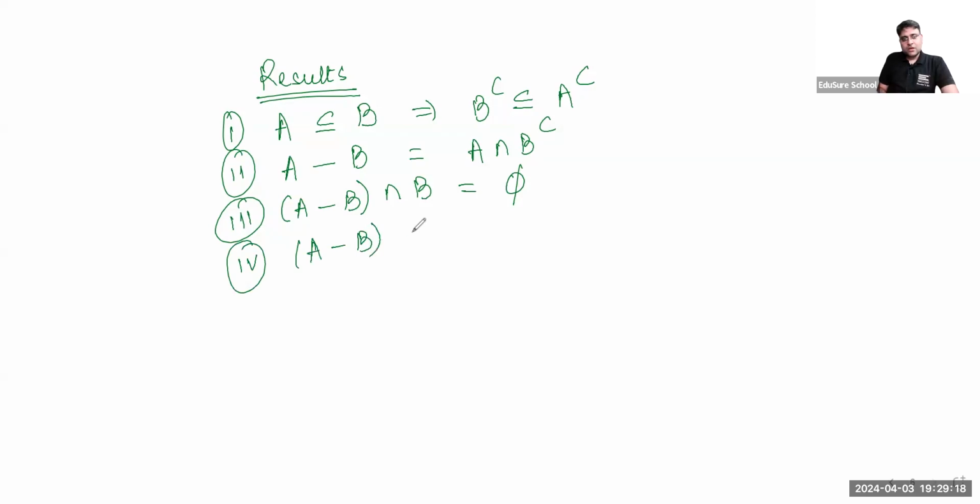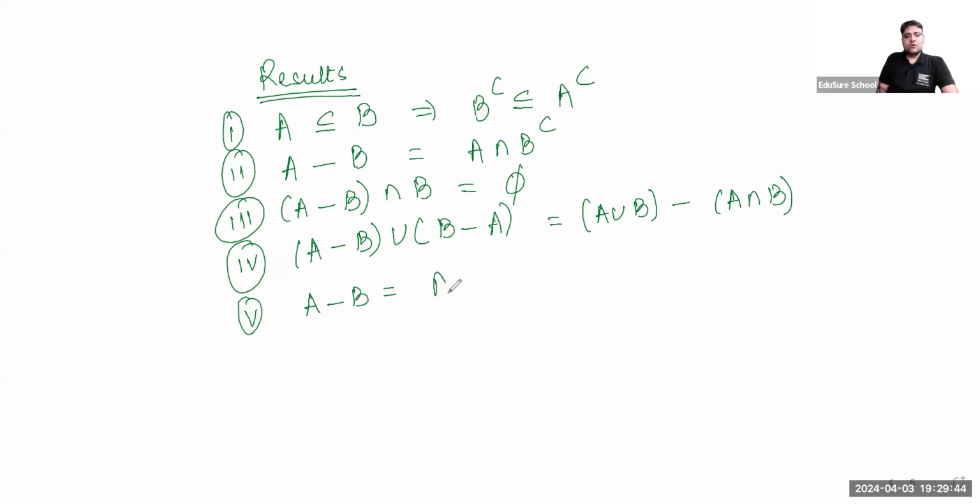A minus B union B minus A is basically A union B minus A intersection B. If A minus B is equal to A, then that obviously means that A and B do not have anything in common.